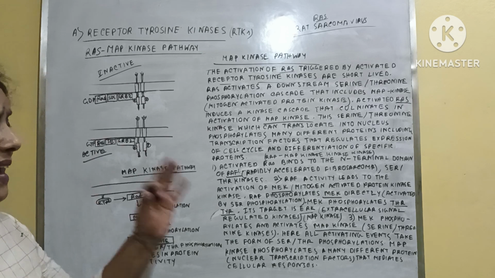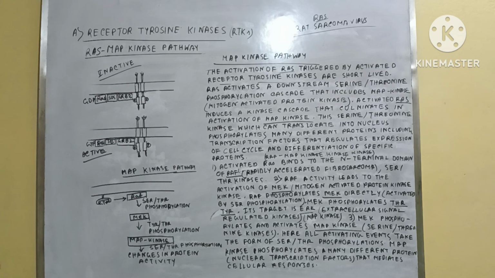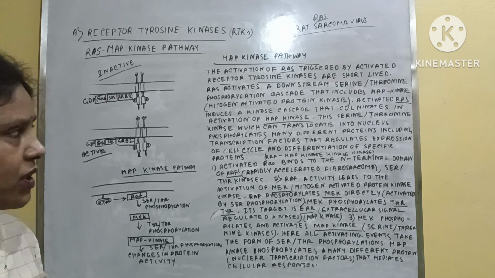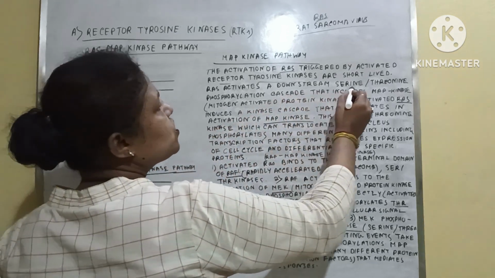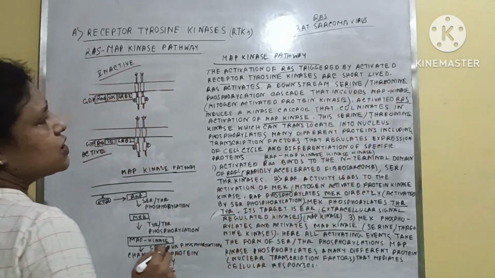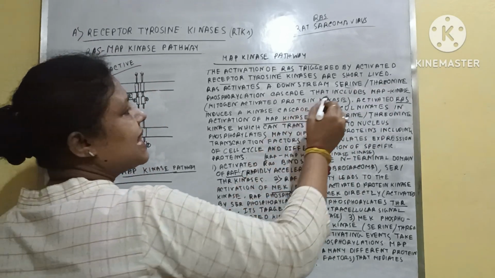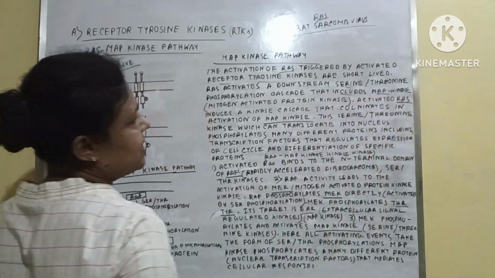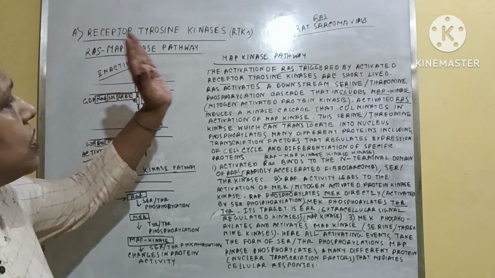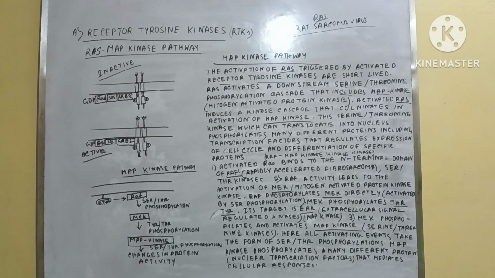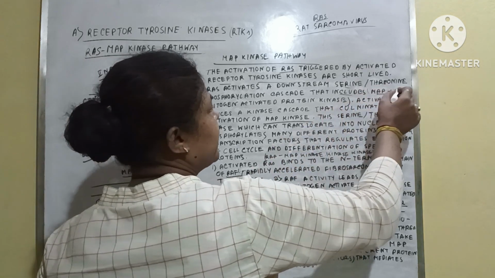That means their activity remains only for a very short period of time. Okay, RAS activates a downstream serine threonine phosphorylation cascade that includes MAP kinase. So here it is explained that the RAS protein is also important for the MAP kinase pathway.